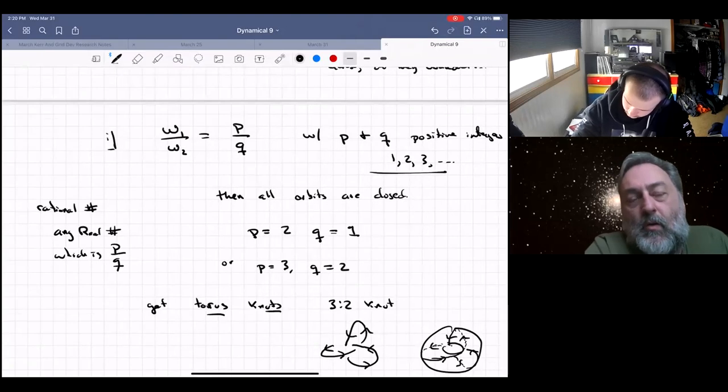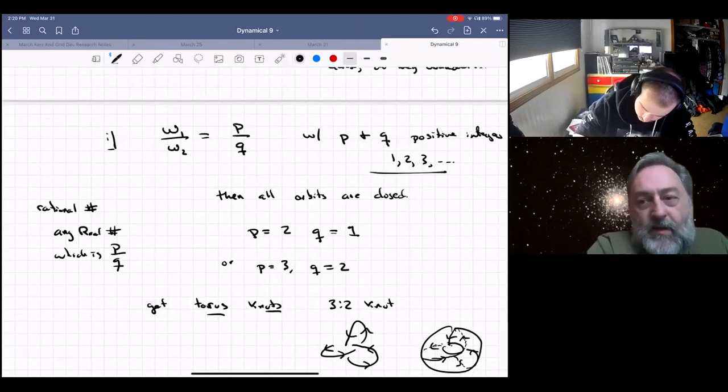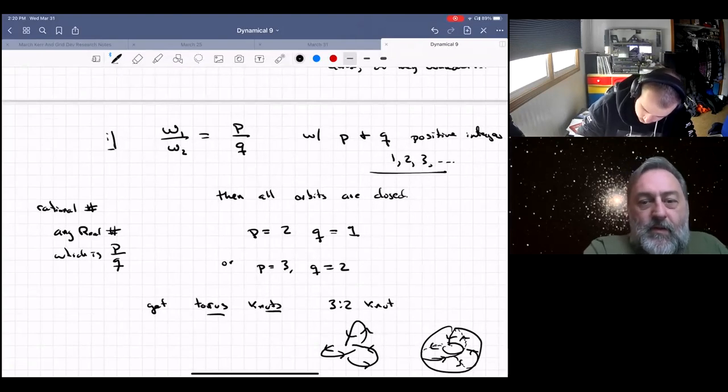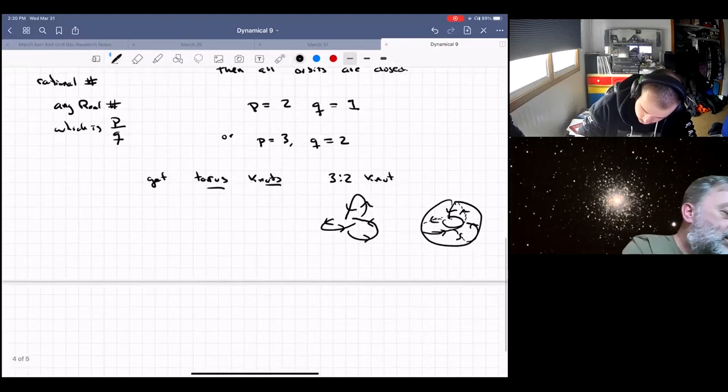If the ratio of the omegas is rational, which means you can write it as the ratio of integer values, then you get these knots.